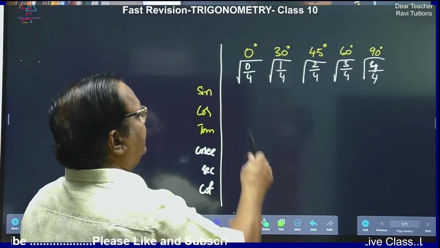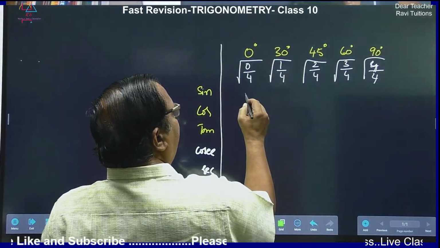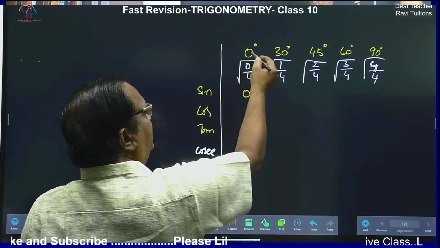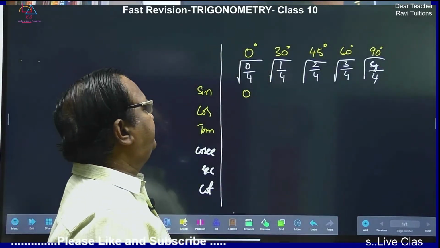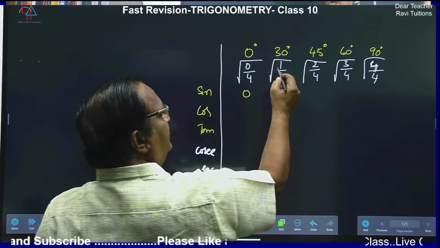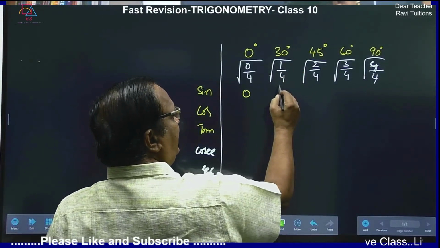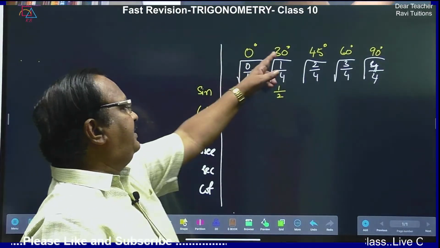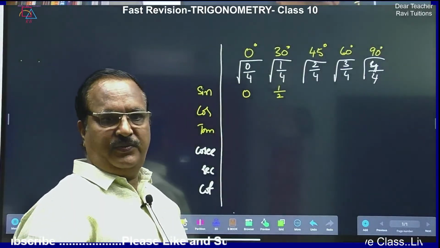0 by 4 is 0, so finally the answer is 0, and that is the value of sine 0. Sine 0 is equal to 0. And 1 by 4, square root of 1 is 1, square root of 4 is 2. So sine 30 degrees is equal to 1 by 2.